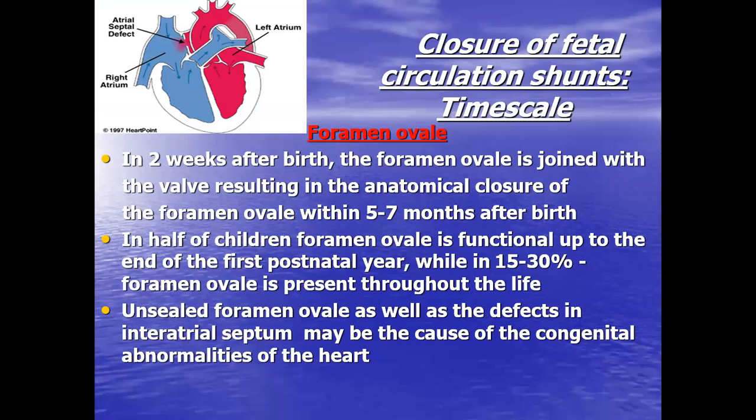But sometimes the foramen ovale is present anatomically for a long period: in 50% of children up to the end of the first year of life, and in 15–30% of persons, the foramen ovale is present throughout life. And I would like to tell you that an open foramen ovale may be because of congenital heart abnormalities.